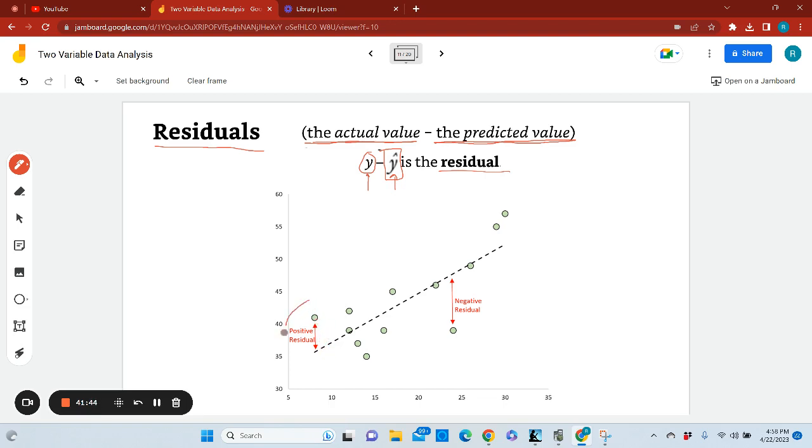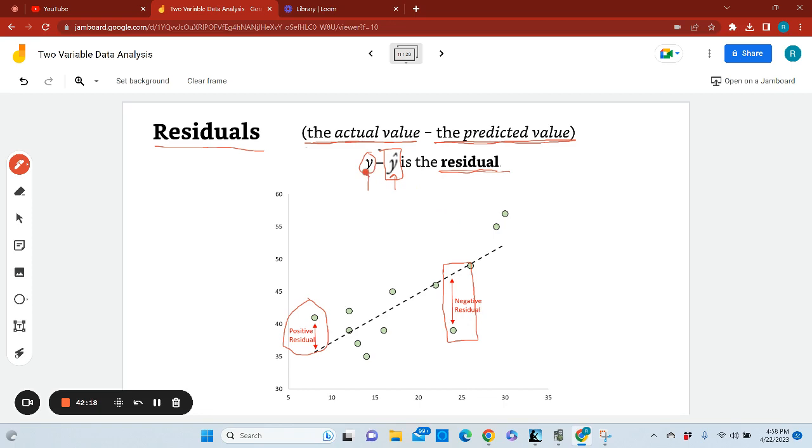So here, you have a positive residual, okay? The actual Y value of this data point is above what my regression line predicted, right? So Y, the actual value, minus the predicted value is going to give me a positive number, because this is above the line, all right? And the opposite can be said. If a dot falls below the line, it's going to have a negative residual, right?